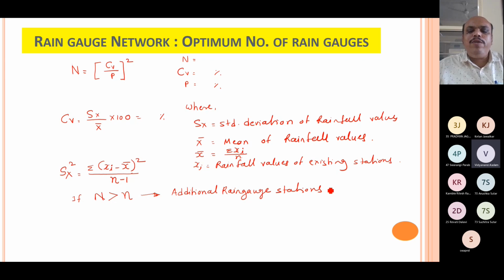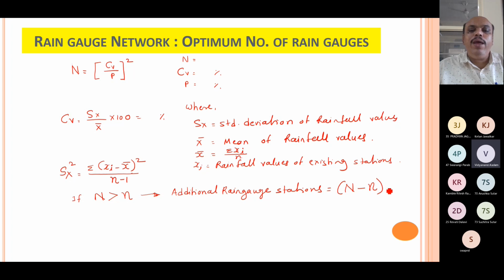So how many additional rain gauge stations are necessary? Additional rain gauge stations necessary are optimum number of rain gauges required minus existing number. Suppose optimum number value is 8 and existing number value is 6. So additional number of rain gauges required are 2.